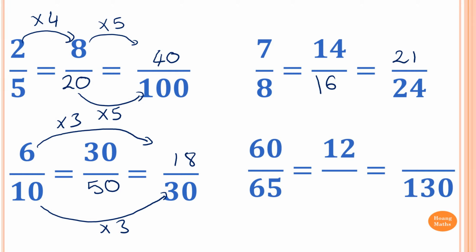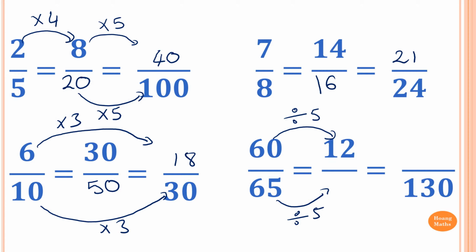Last number here, 60 over 65 and 12 over something. So therefore, we know that from 60 to 12, we divide by 5, because 5 times 12 is 60. So therefore, to find this number here, we divide by 5 as well.